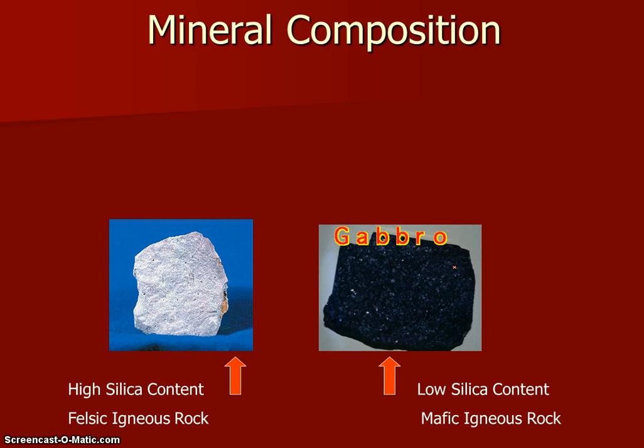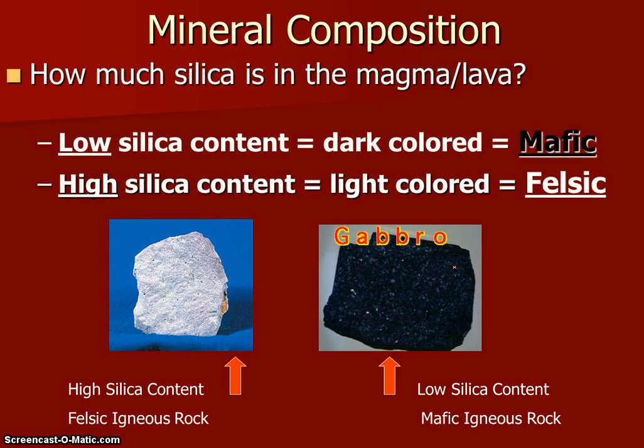Now we're going to look at the next classification and two more words that deal with the mineral composition. Now the mineral composition of igneous rocks basically depends on how much silica is in that magma or lava when it solidifies. If it's a low silica content, it's going to be dark or mafic.